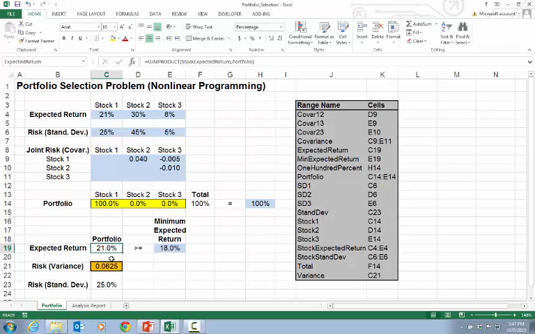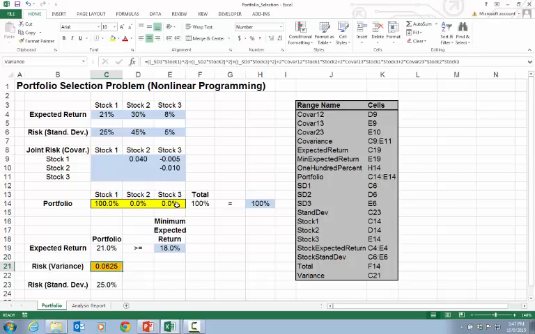The risk, on the other hand, is as follows. It's going to be your standard deviation. Let me go to the formula here. It's the standard deviation squared times the proportion, which is 100%, plus the covariances.